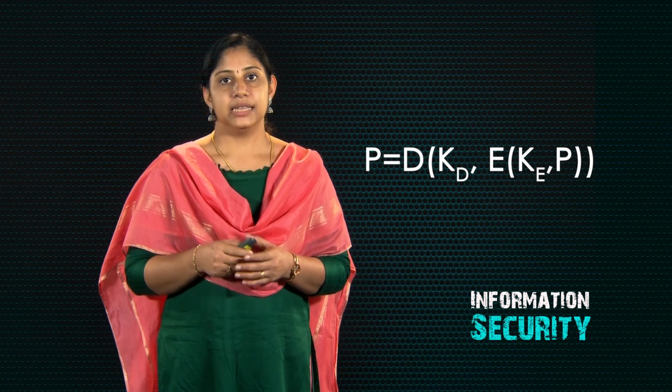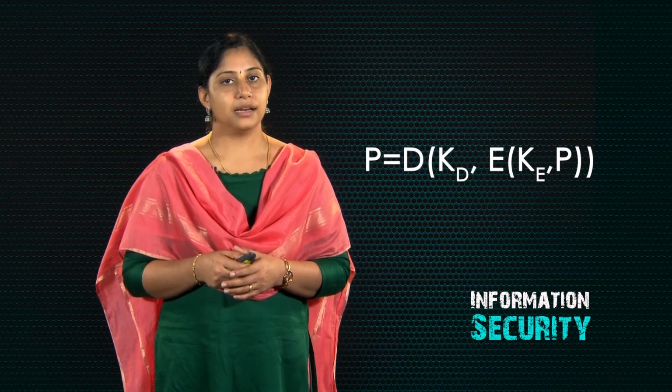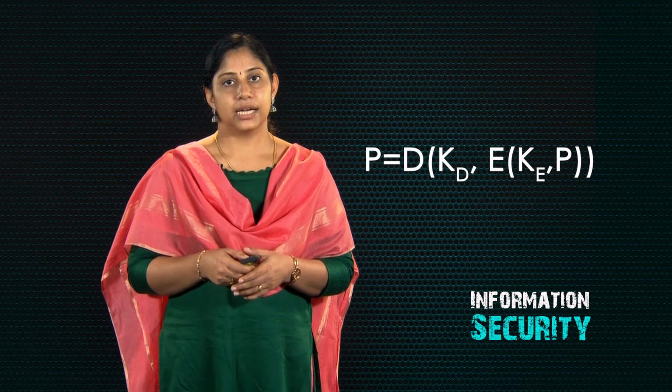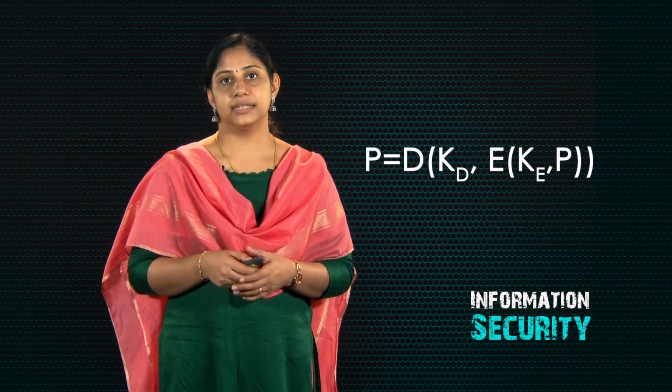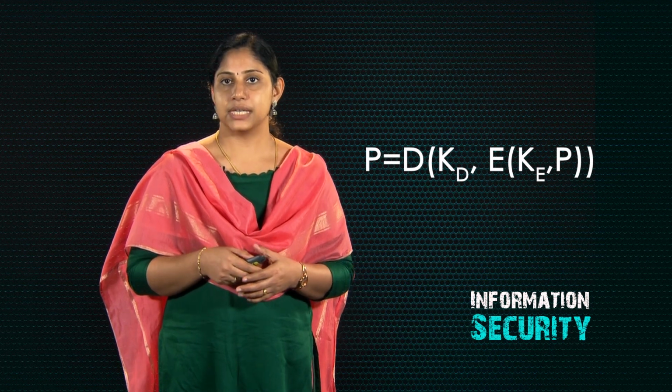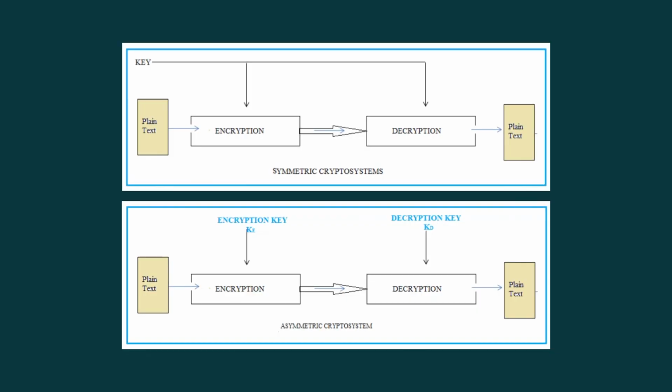Then a decryption key Kd inverts the encryption key Ke, so that P equal to D of Kd and E of Ke of P. This type of encryption algorithm is called asymmetric because converting C back to P involves a series of steps and a key that are different from the steps and key of E. The difference between symmetric and asymmetric encryption is depicted in the figure shown here.